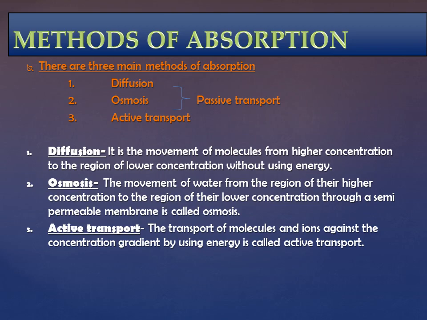Osmosis is the movement of water from the region of its higher concentration to the region of its lower concentration through a semi-permeable membrane. And third is active transport. The transport of molecules and ions against the concentration gradient by using energy is called active transport.